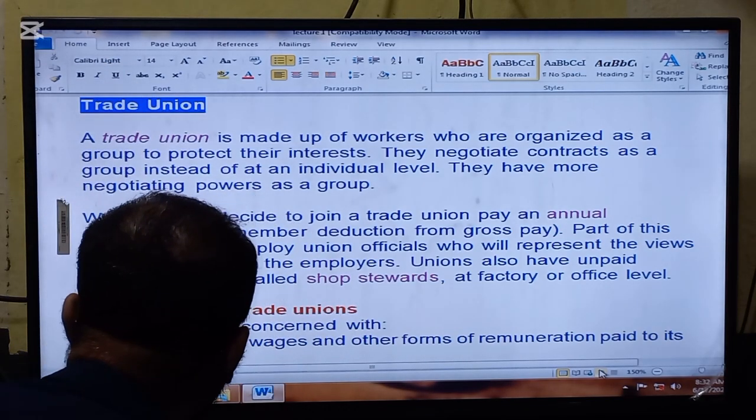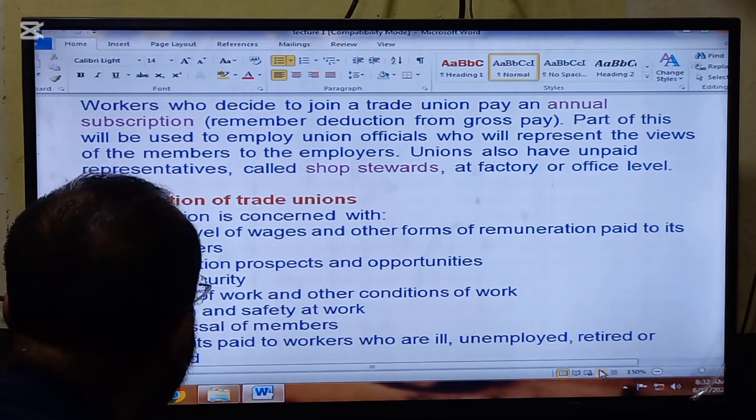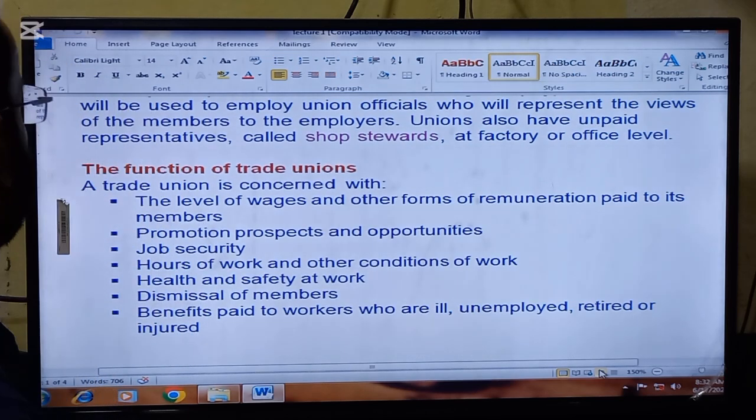Now we are going to read the functions of the trade union.